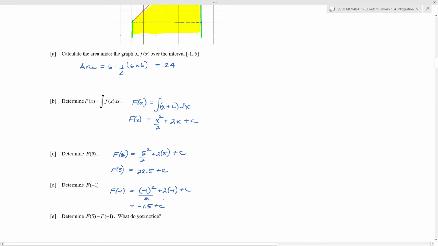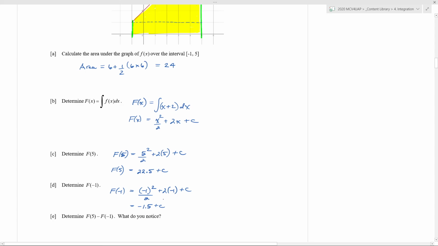Now subtract the two things. So F at 5 was 22.5 plus a constant. Subtract -1.5 plus a constant. We get 22.5 plus c plus 1.5 minus c. And you can see that the c's cancel out.